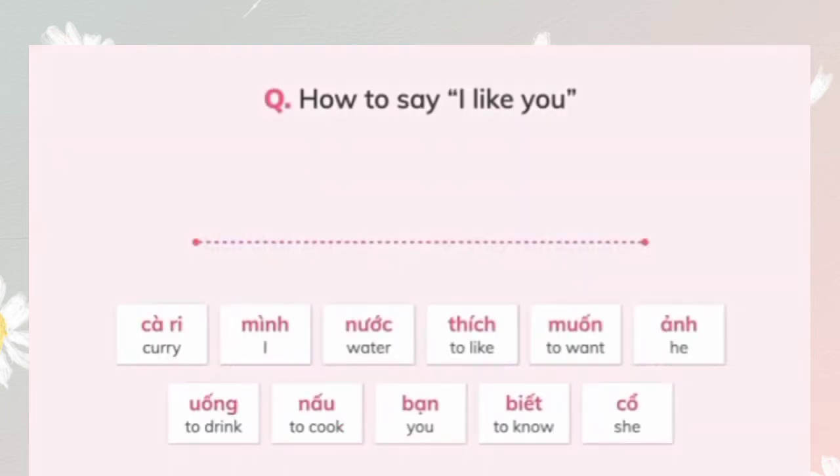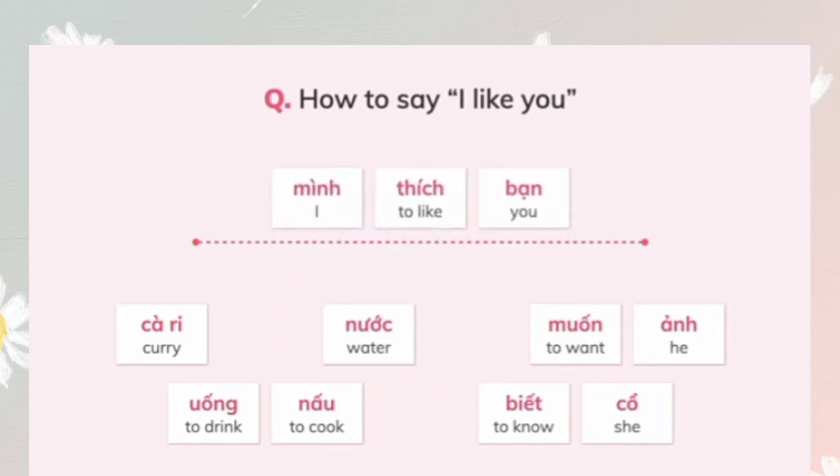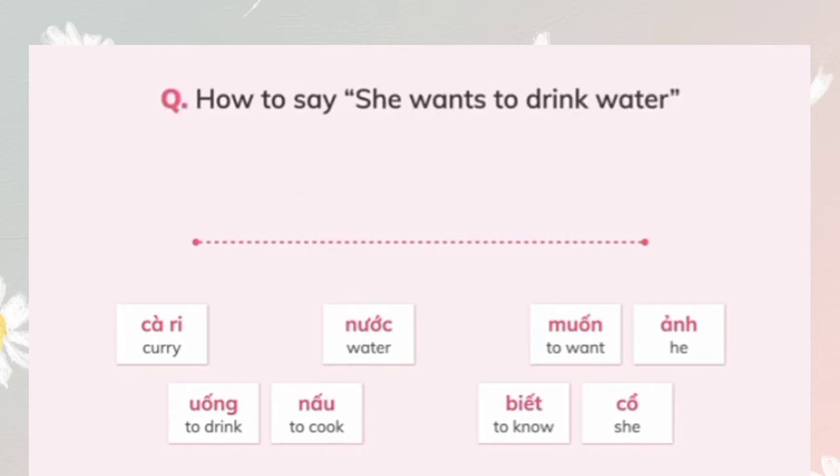Now let's try to make some Vietnamese sentences. How do you say I like you in Vietnamese? Mình thích bạn. Mình thích bạn. And how do you say she wants to drink water?